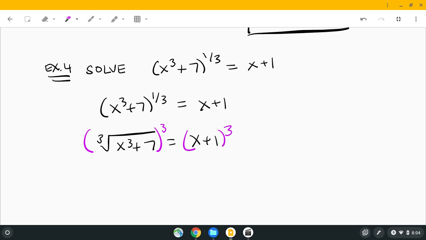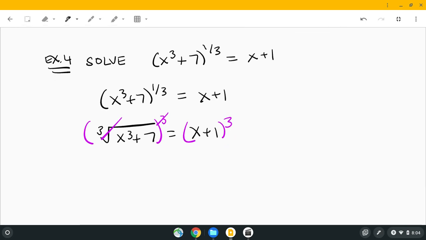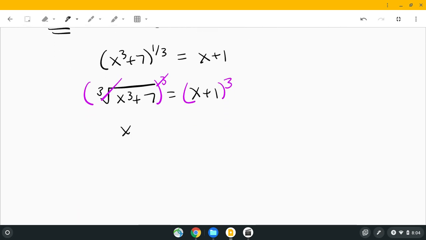Remember, these have to match in order for them to cancel. So when I do that, I am left with x cubed plus 7 equals, and we need to go off to the side and do this. x plus 1 times x plus 1 times x plus 1.